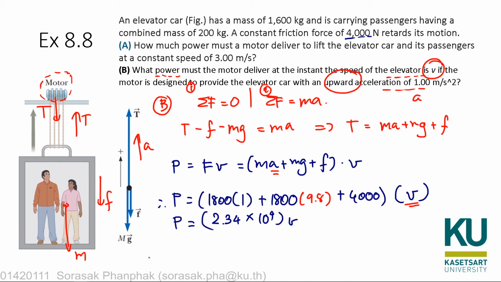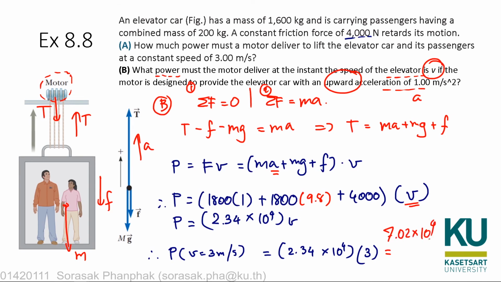If you would like to redetermine P at v equal to 3 meters per second, you sub the v into the term that you already found, and finally what you get here is equal to 7.02 times 10 to the 4 in watt.